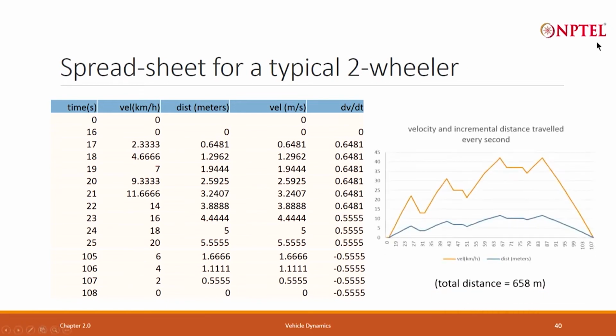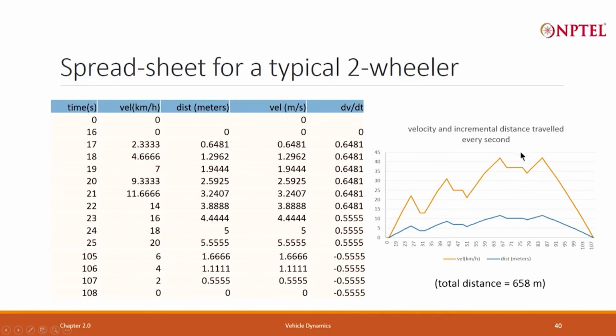So, this is the velocity versus kilometer per hour, I can plot that. It is the same as the drive cycle, and I can also compute the distance that is travelled in each time. Remember, this distance is also travelled during deceleration. I am actually just keeping on adding the distance. This is the individual distance travelled, incremental.